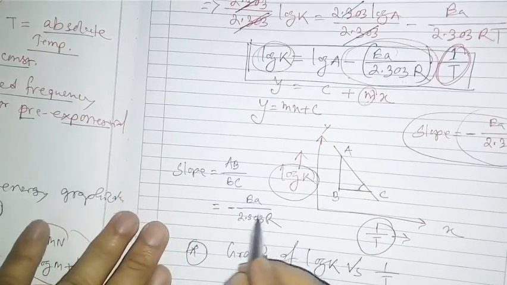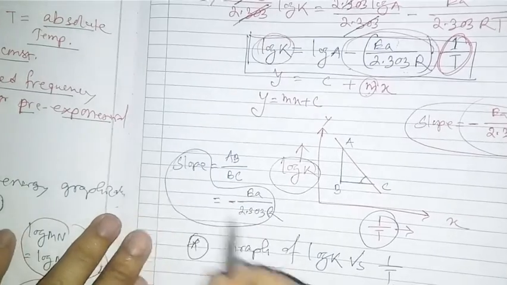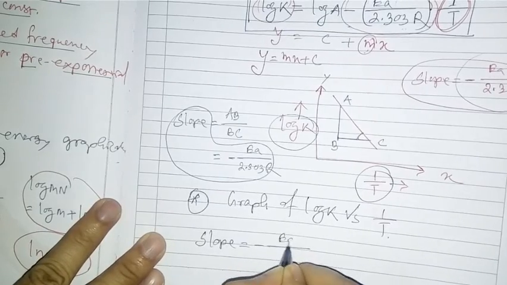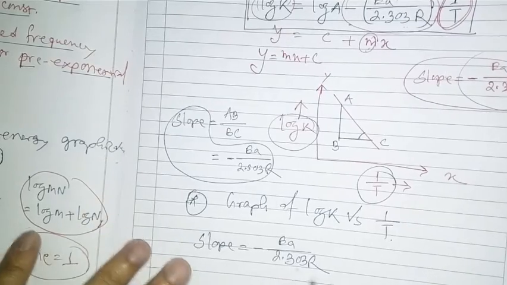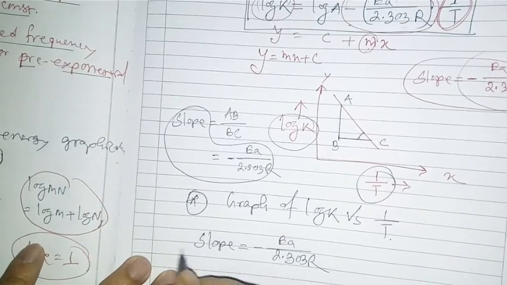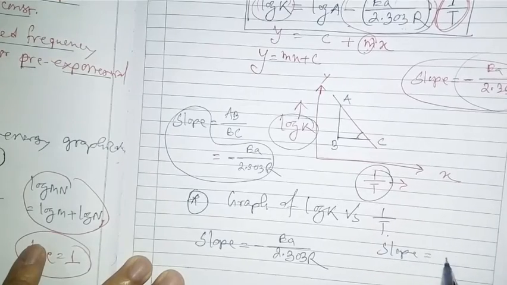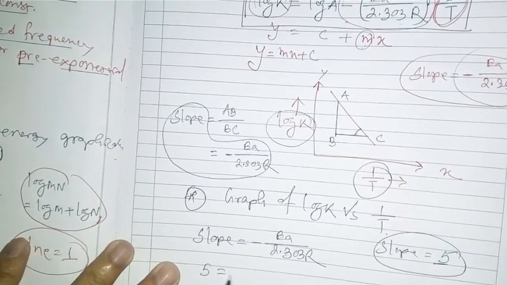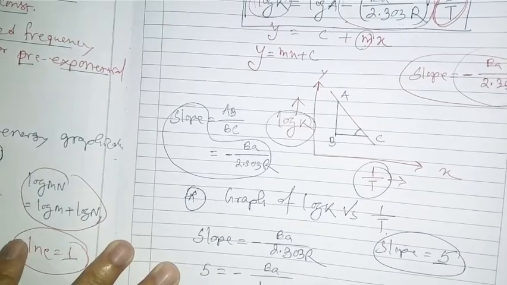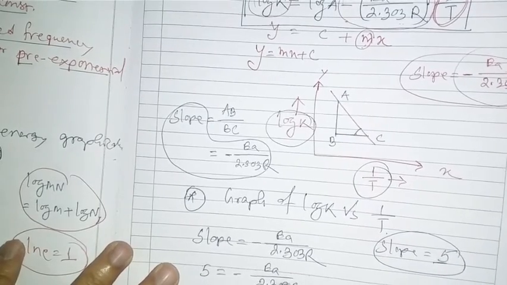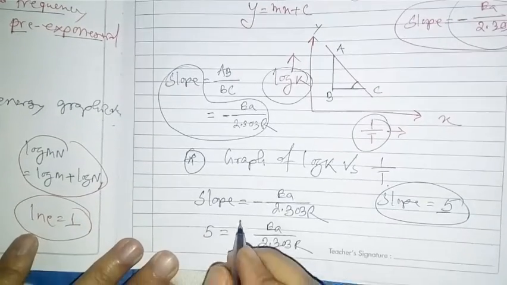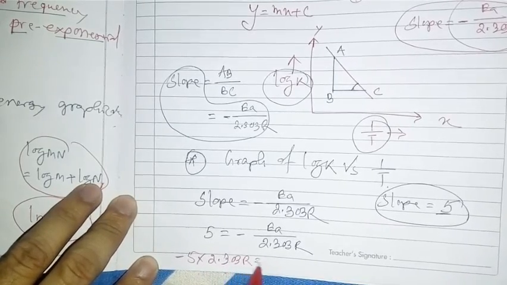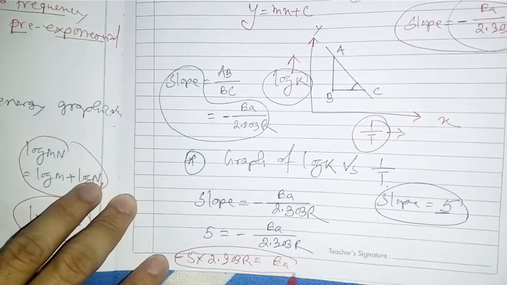How to find activation energy: slope equals minus Ea divided by 2.303 R. Suppose the slope value is 5. Then 5 equals minus Ea divided by 2.303 R. Bring this to the other side, and you get Ea equal to minus 5 into 2.303 R. Like this you can find the activation energy.